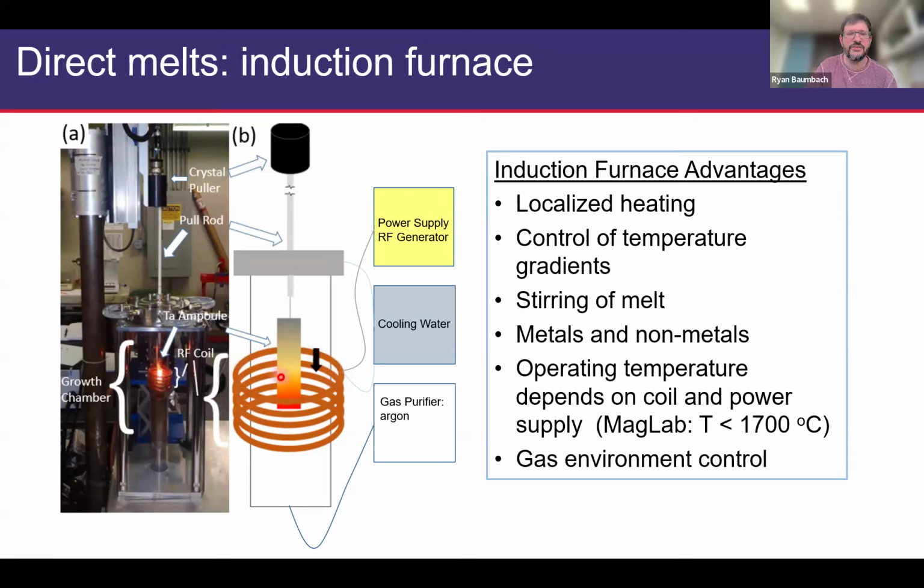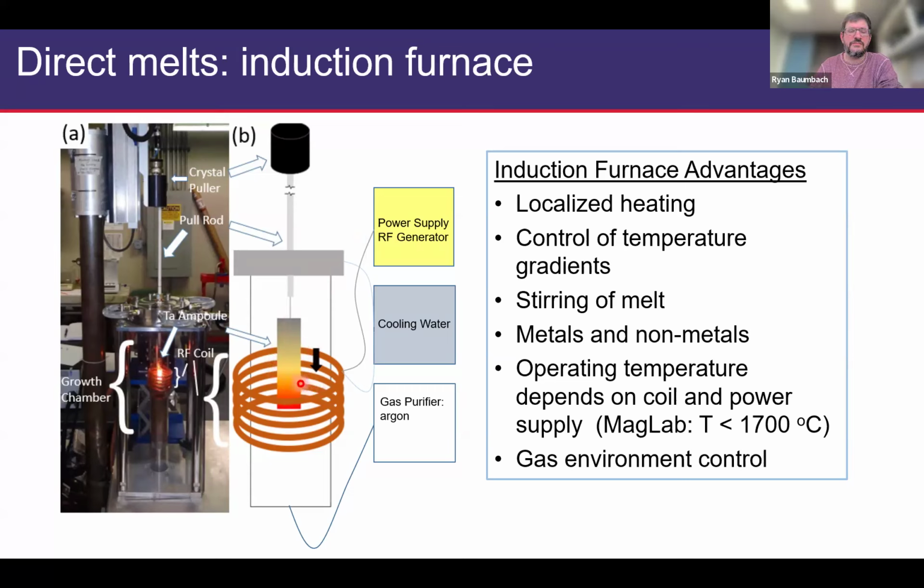That'll produce a magnetic field along the axis that's oscillating back and forth. And then if you put a workpiece like that tantalum crucible into the coil, electrons within it will be accelerated around. That will resistively heat the material, and it'll do it very locally. So this is a really great way to accomplish very rapid localized heating.